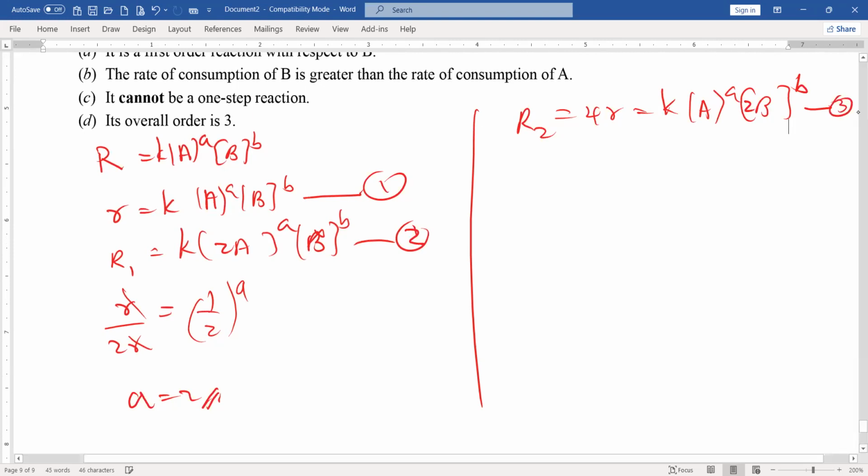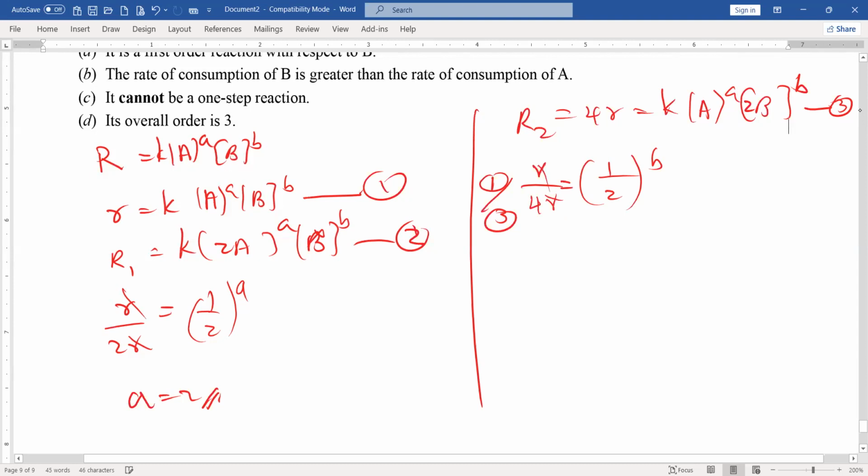Again, what I do is divide 1 over 3. When we divide them, A will cancel, and B becomes 1 over 2 to the power B. This R2 is given as 4R.